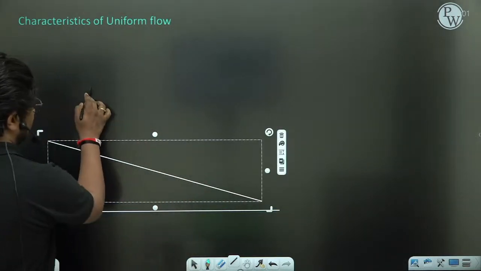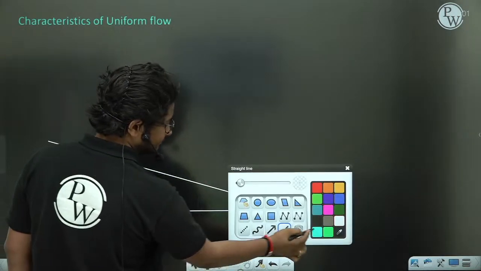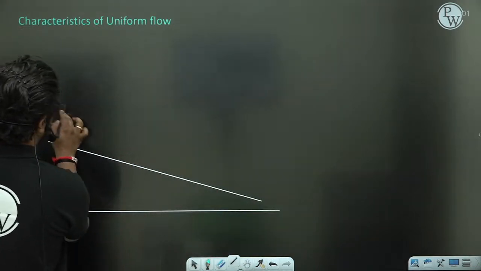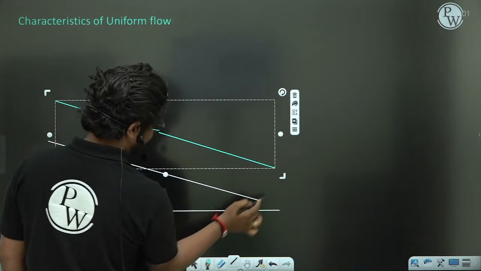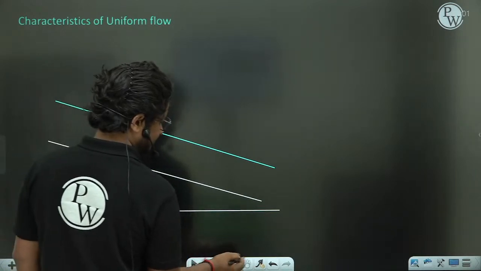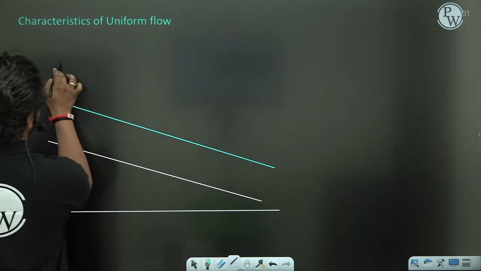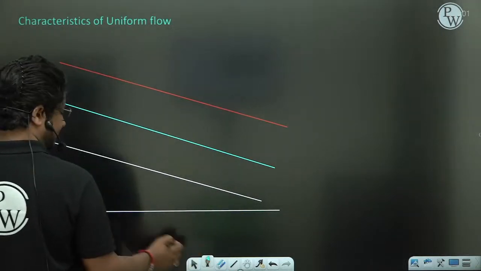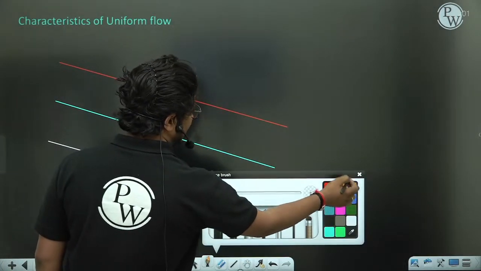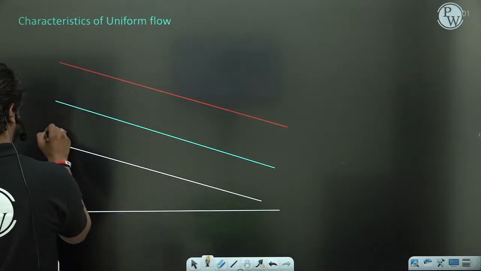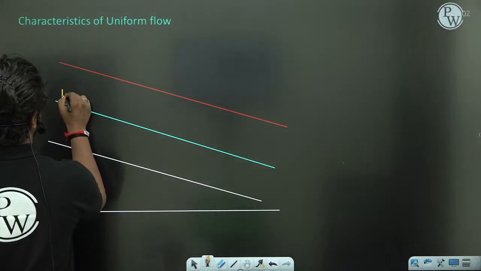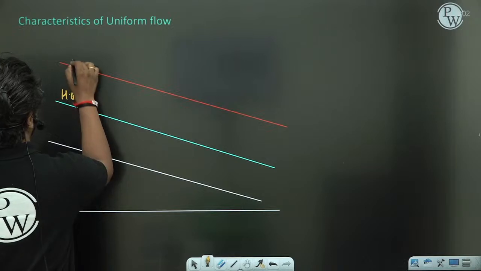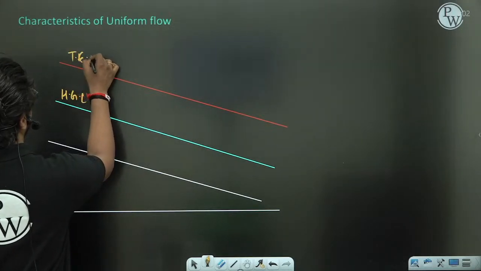This is the channel bottom. This is the water surface line. And this is the TEL line. Let us give a name for everything. This is the channel bottom, this is the HGL line, and this is the TEL line.